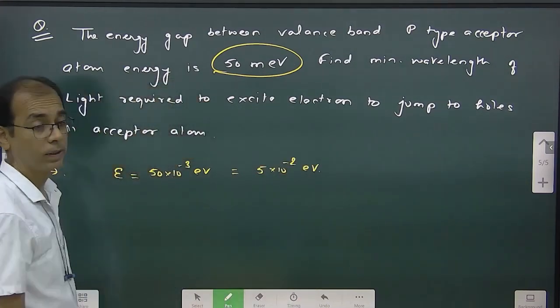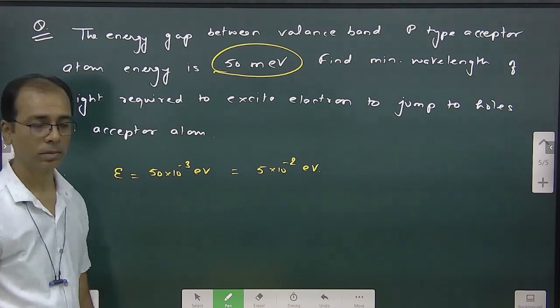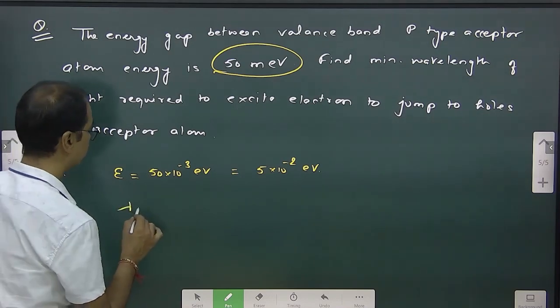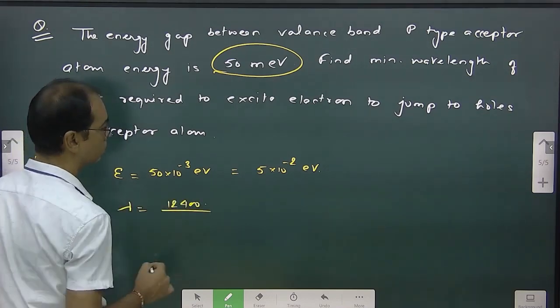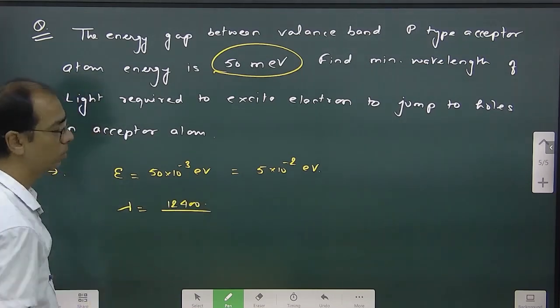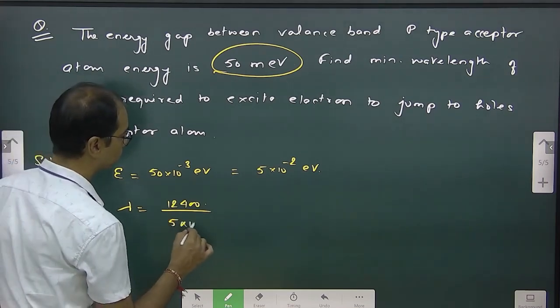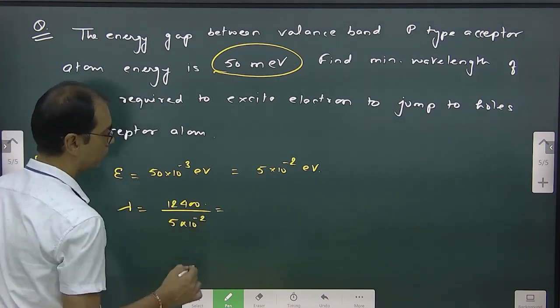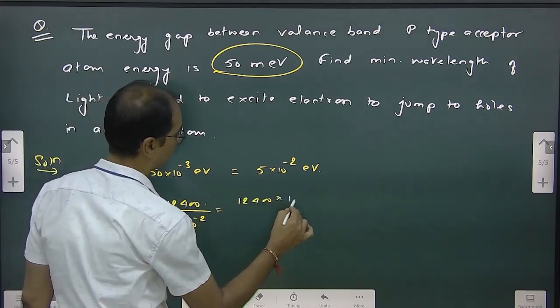And when we have electron volt and have to find wavelength, lambda is 12,400 by energy in electron volt, 5 into 10 to the power minus 2. So what's going to come? 12,400 into 100 by 5.